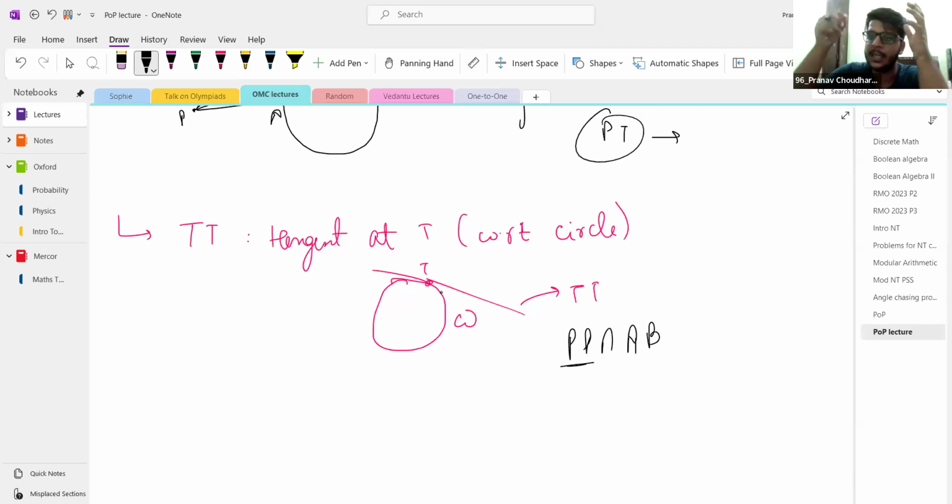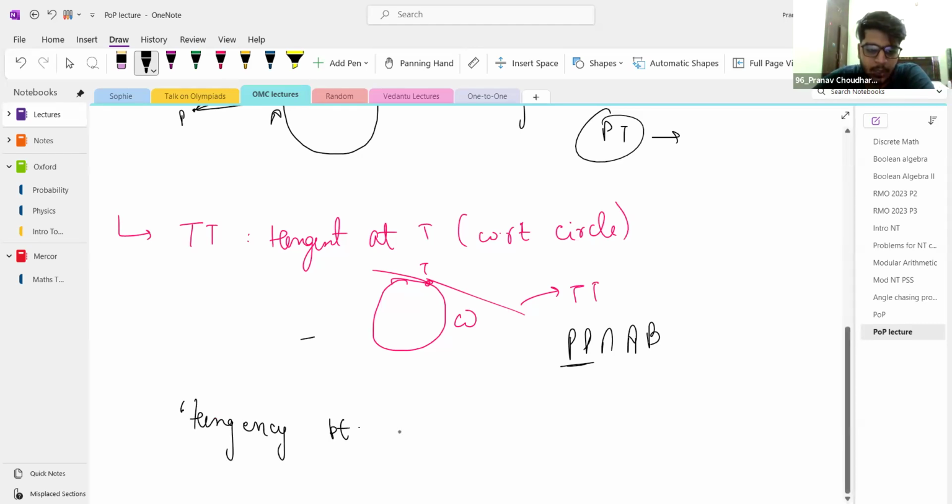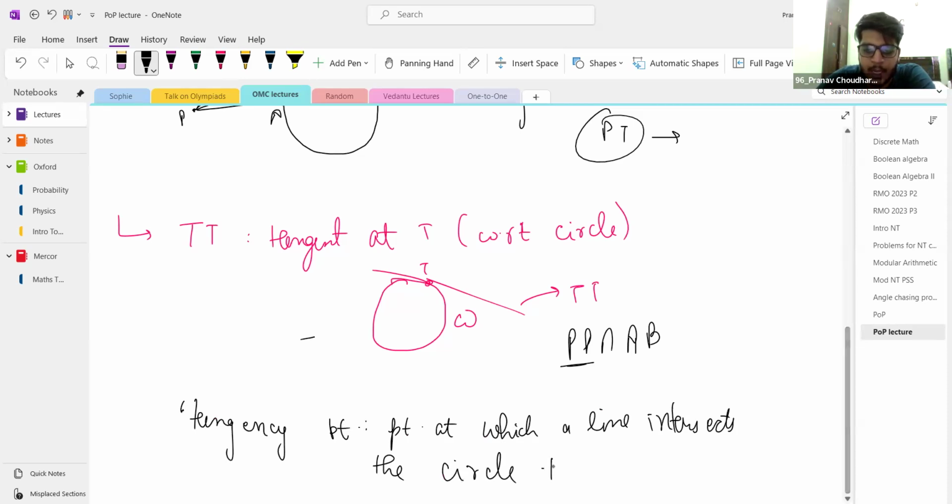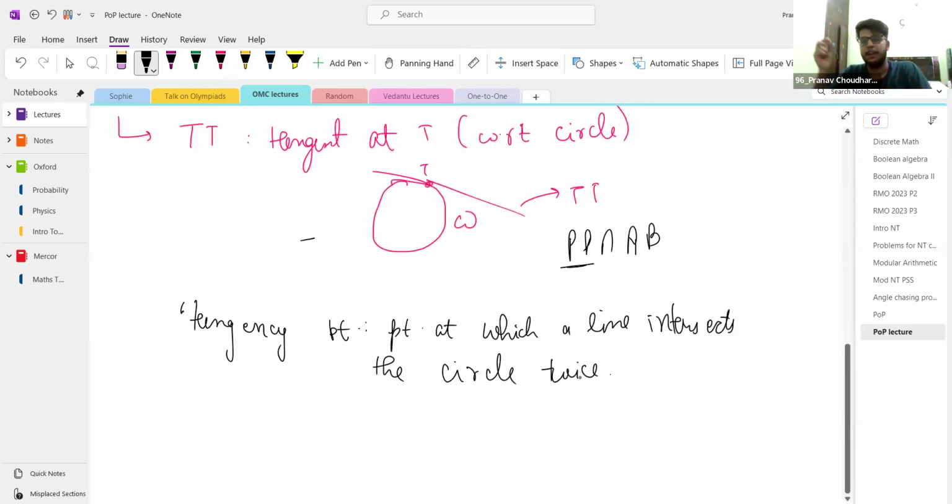We can just define the tangency point as the point at which a line intersects the circle twice. Usually the two points are distinct, like A and B. But when they become equal, equal to T, we can just write TT. That also makes intuitive sense, right? We can denote a line by AB, so why not by TT? So I just gave a bit of a definition to that. What does that actually mean?